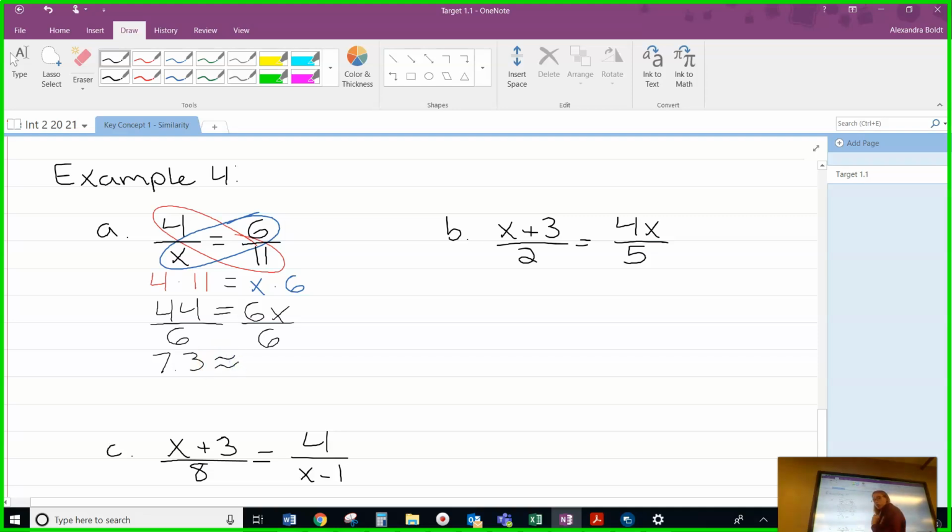Since I rounded, I have to use that approximate sign. And on the other side, why do we divide by 6? Because those cancel, right? So we are just left with x. So x is approximately 7.3.